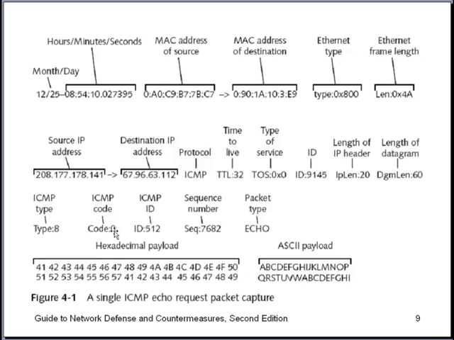And so this type and code 0 indicates it's an echo request. And then this has an ASCII payload, which is just letters that don't really mean anything, because really what we're doing is just asking for an echo request to determine whether a system is up or not.